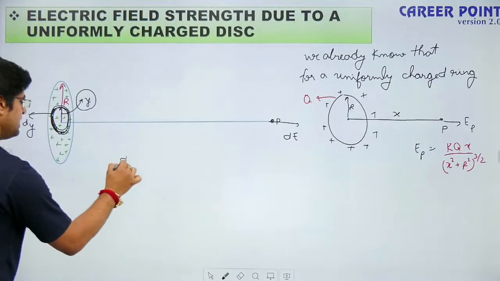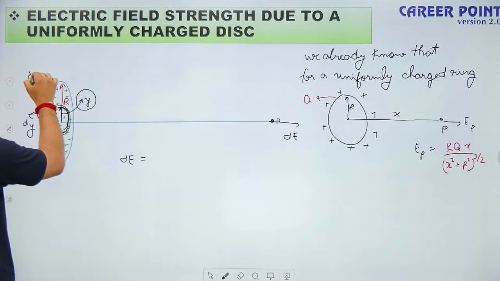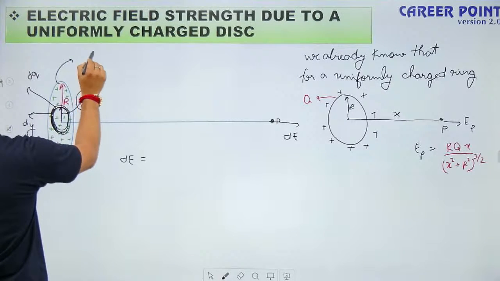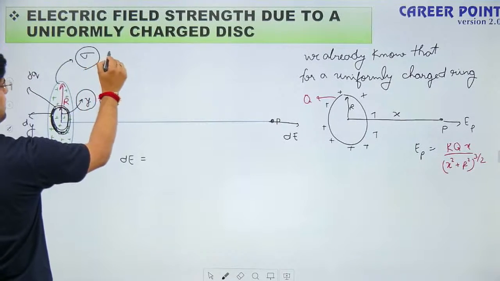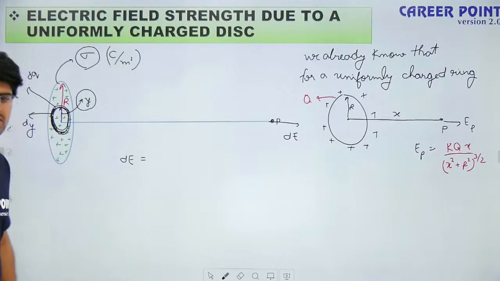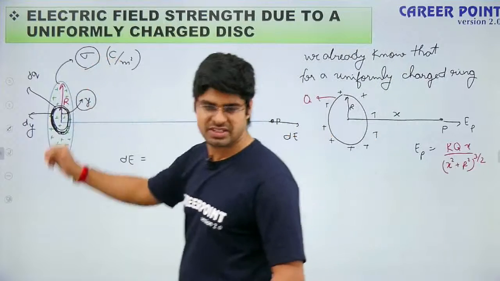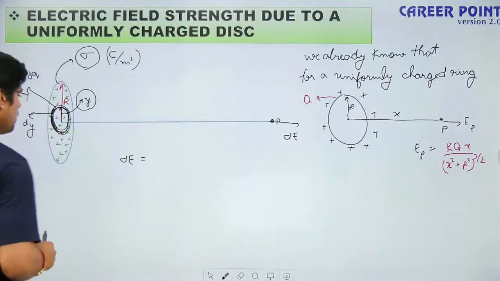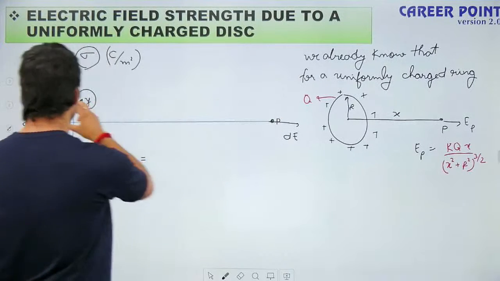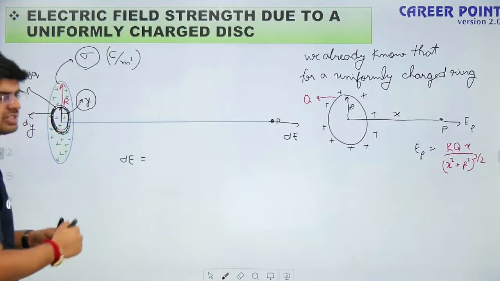Let's say the charge on the ring is dq, and the charge density sigma is given, sigma coulomb per meter square, that is charge per unit area. We are supposed to find electric field due to this small elemental ring, and then integrate it to find electric field due to the whole disk.